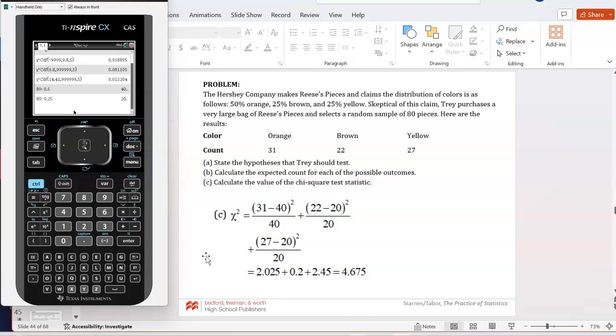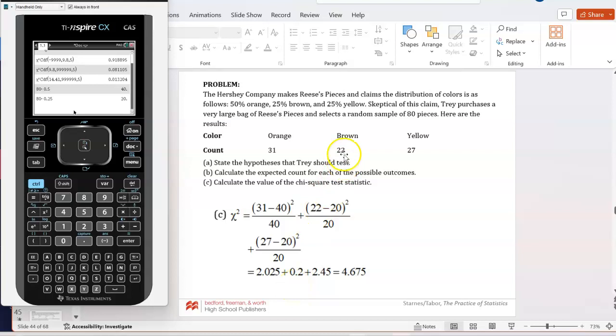By the way, I didn't mention this before, but it's kind of interesting. Which one was the biggest contributor? Sometimes I ask a question like this about contributors. What I mean by that is, which one was the most unusual compared to what we expected? Well, you look at these three numbers at the bottom: 2.025 is for orange, 0.2 is brown, and 2.45 for yellow. So brown had very little effect on chi-squared.